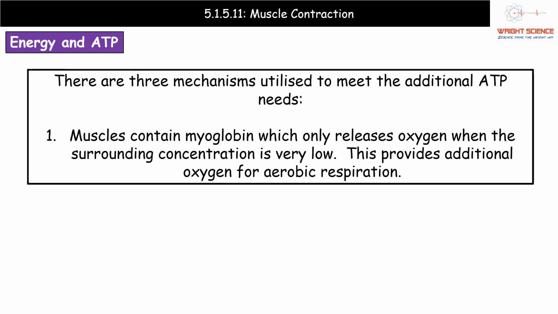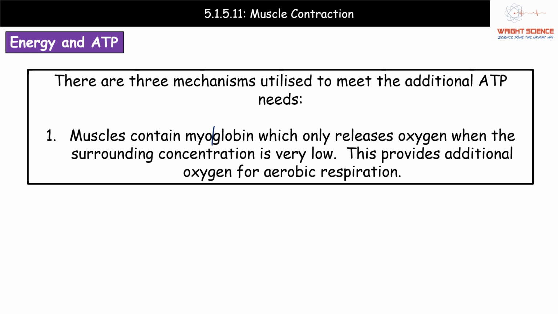So there are three mechanisms which are all designed to help us meet that additional ATP need. First one is having this specialized type of hemoglobin called myoglobin. So myo referring to muscles, and globin the bits that carry the oxygen. This myoglobin found in muscles will release oxygen when the concentration is very low.